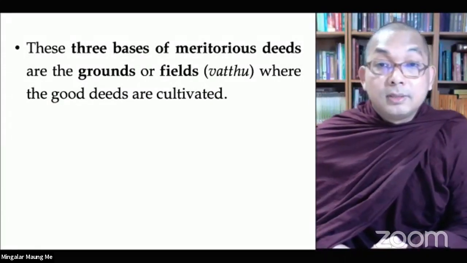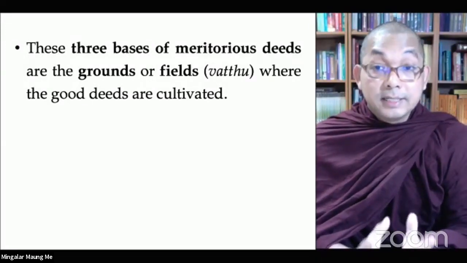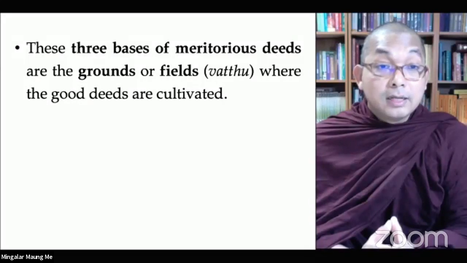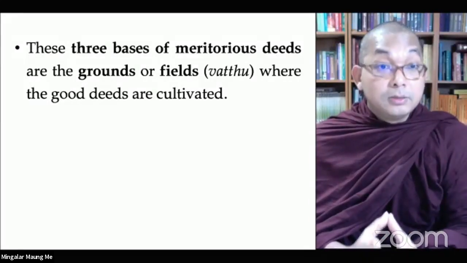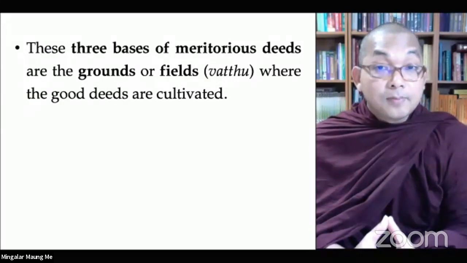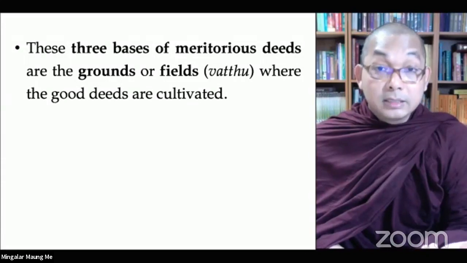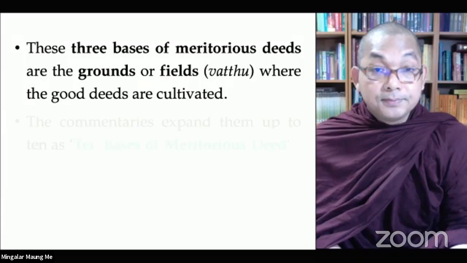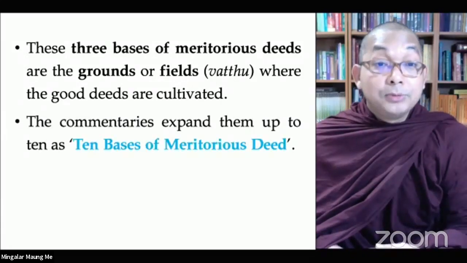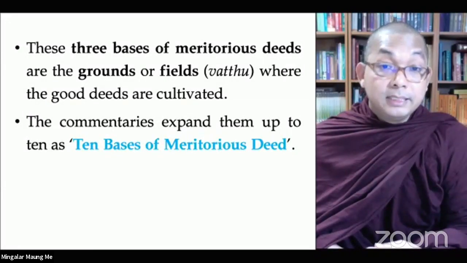Okay, so the three bases of meritorious deed, dana, sila, and bhavana, are the ground or the field where good deeds are cultivated. These are three categories that we can do: dana, giving; sila, moral conduct; and bhavana, meditation. The commentary expands them up to 10 as the 10 bases of meritorious deed.